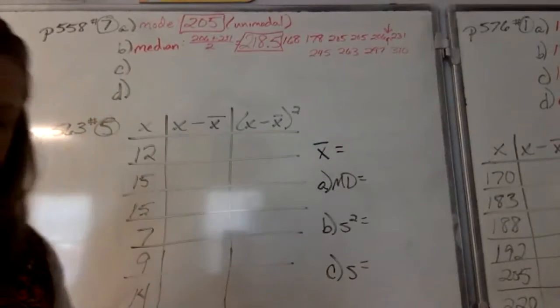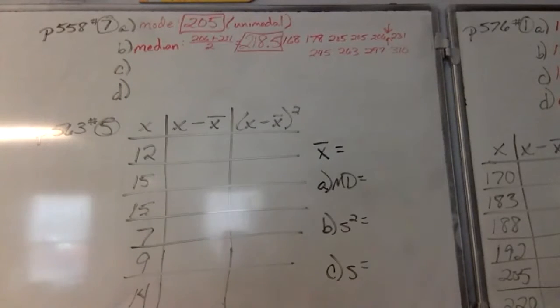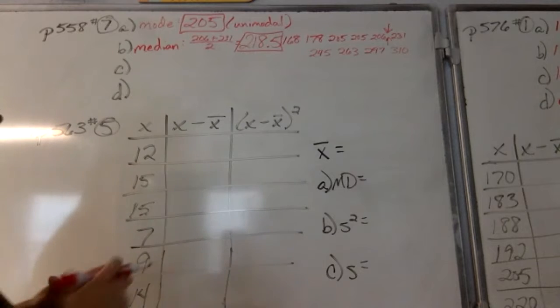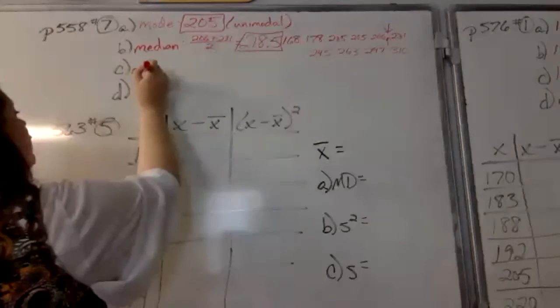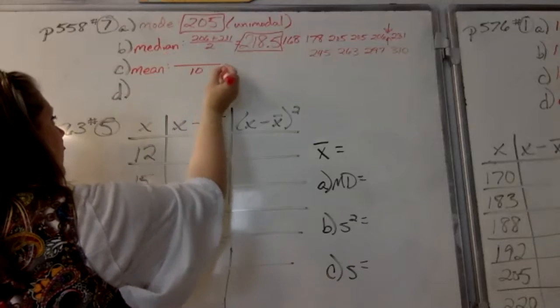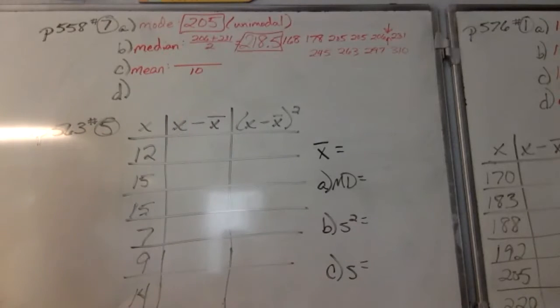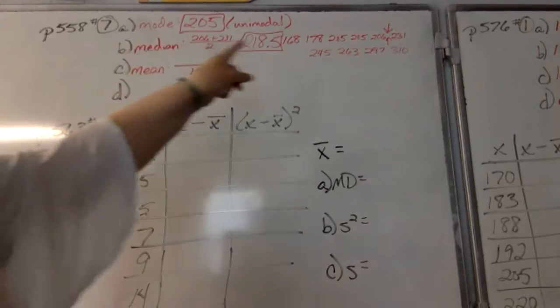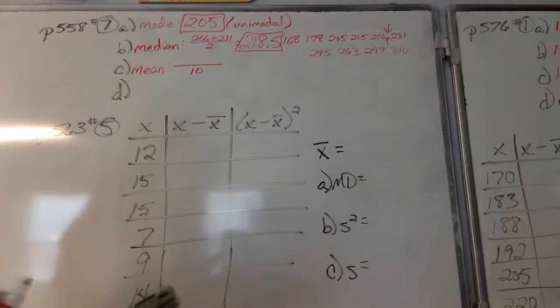Now, part C, I forgot what part C was. Was that our mean? Yeah. Okay. Now, remember for the mean, you have to add everything together and then divide by how many there are. We know it was for the past 10 years, so you add all those numbers together. So you type them in on your little calculator.